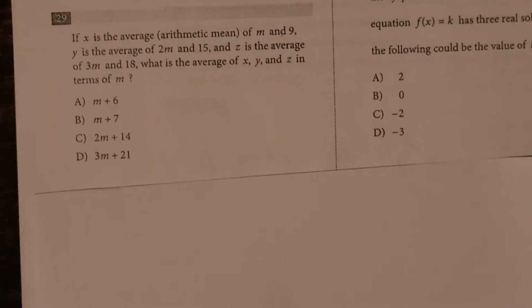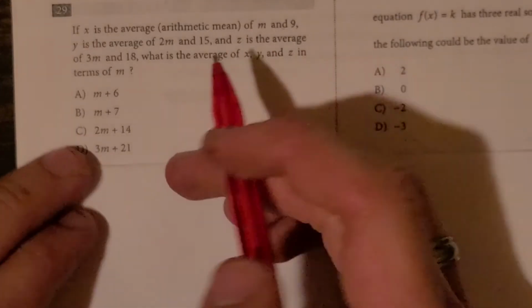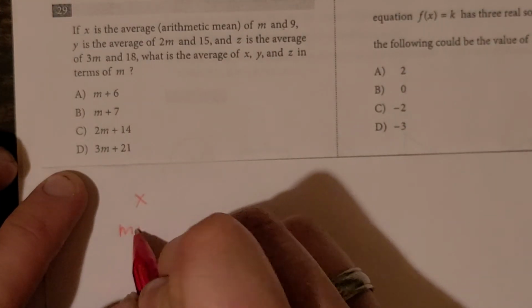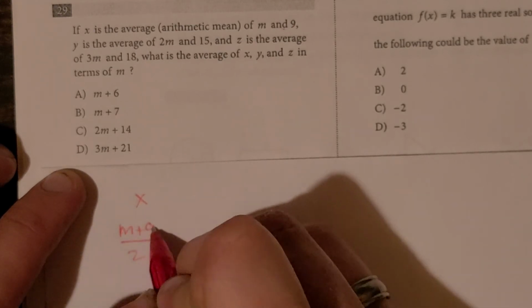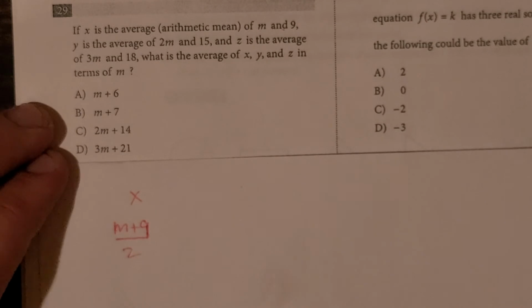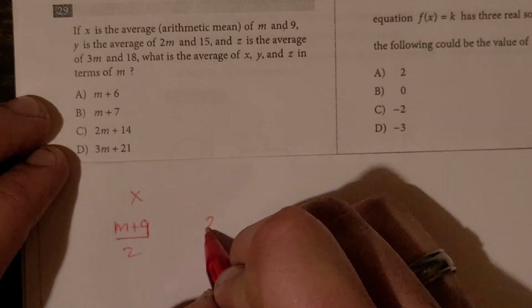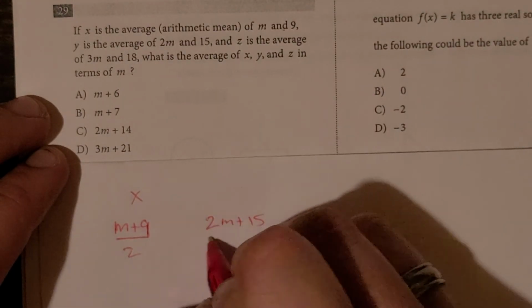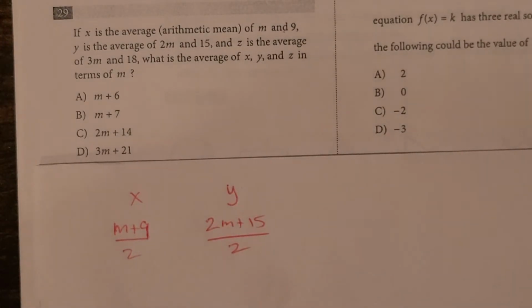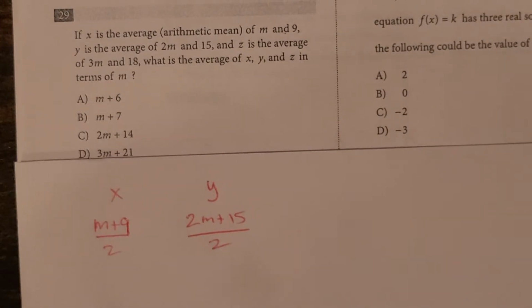Okay, so let's write some stuff down. X is the average of m and 9. So if I took m plus 9 divided by 2, that's equal to x. That's the average. Now y is the average of 2m and 15. So if I were to take 2m plus 15 divided by 2, because that's how I'd find the average of those two things, I'd get y.